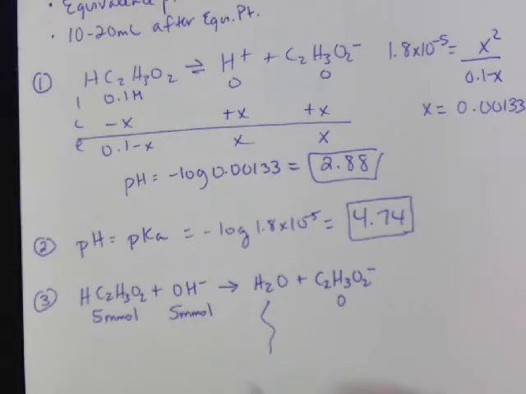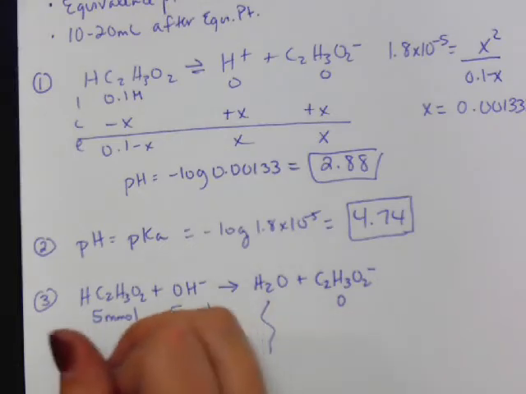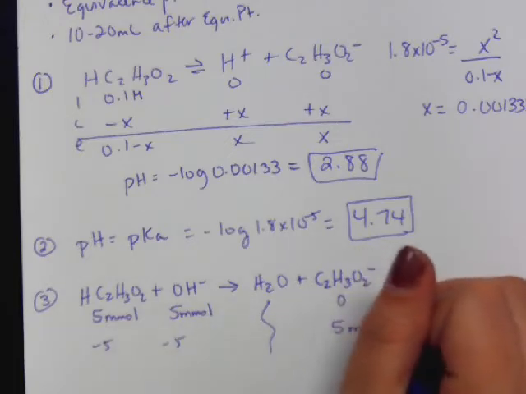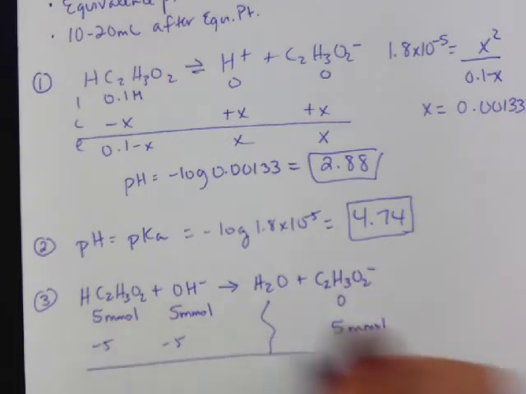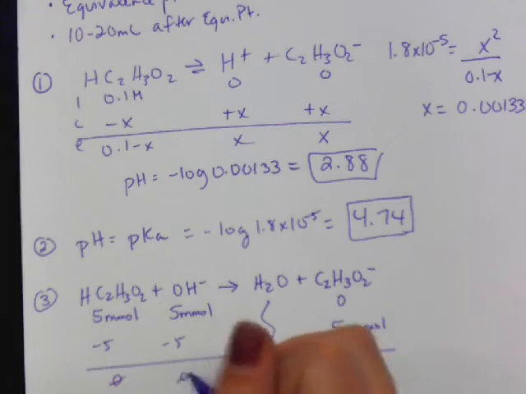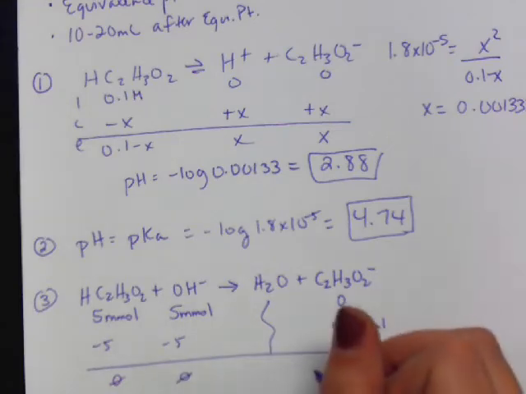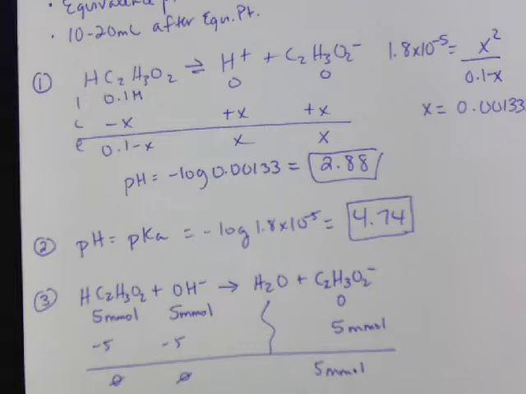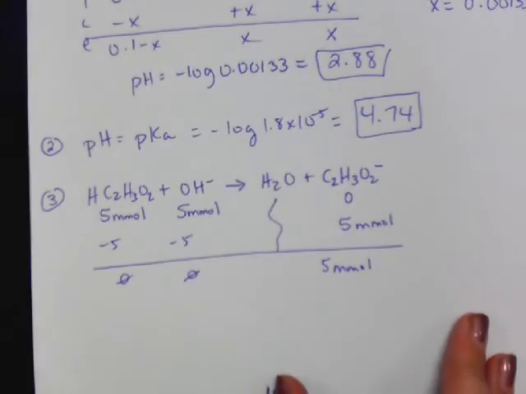And so then we're going to consume our 5 millimoles, and over here we end up getting our 5 millimoles. So we have no weak acid, no strong base left. What we have left over, though, are our 5 millimoles of our conjugate base. Now, we have to use this to help us determine what our concentration of hydroxide is, and then our pH.